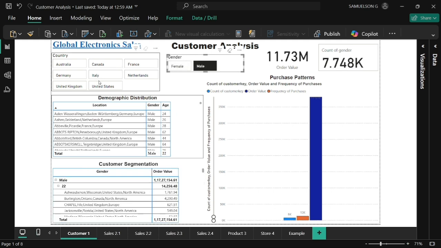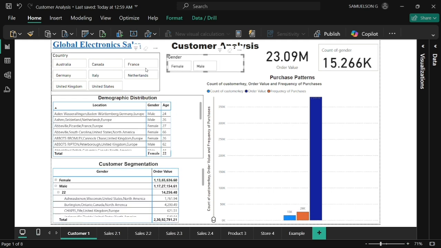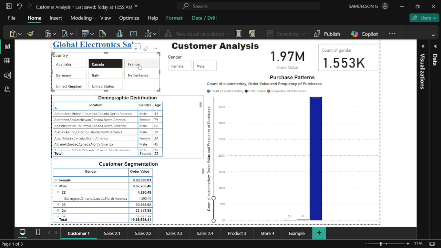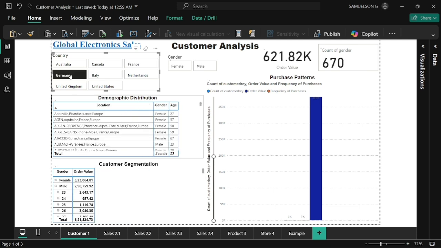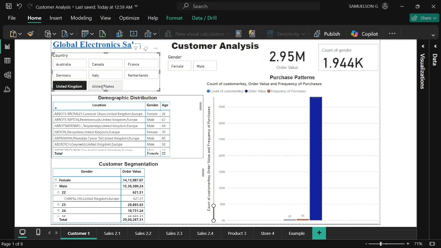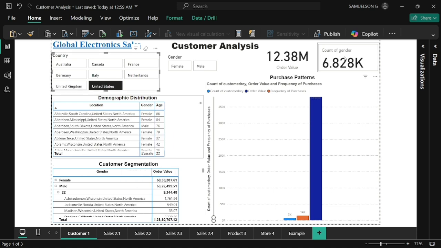Let's see, based on country, we can see how many people came to the store. Australia, Canada, and so on, we can compare which one is higher. The United States has a higher number of people who came to the store.